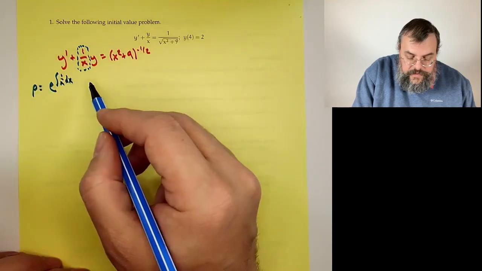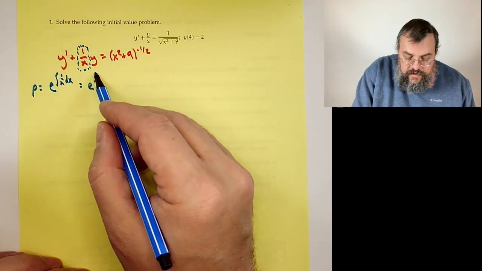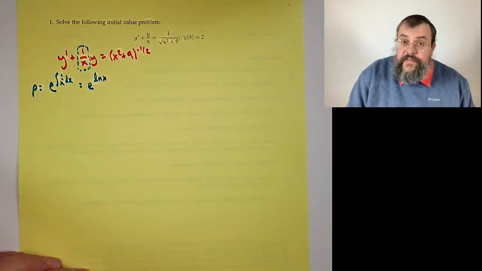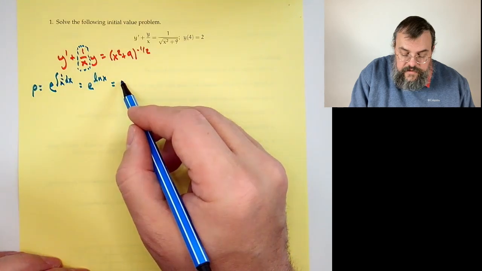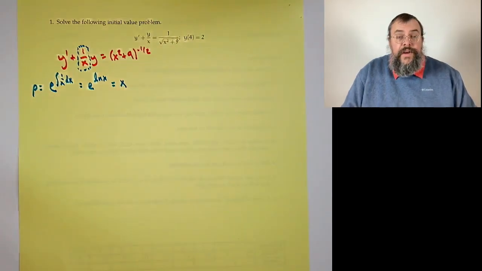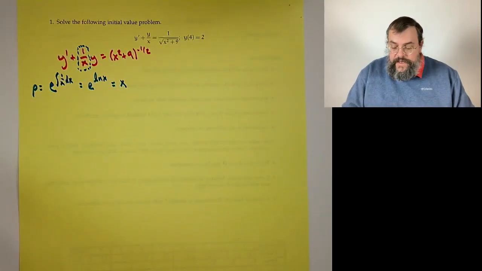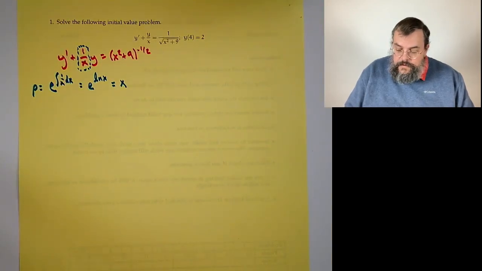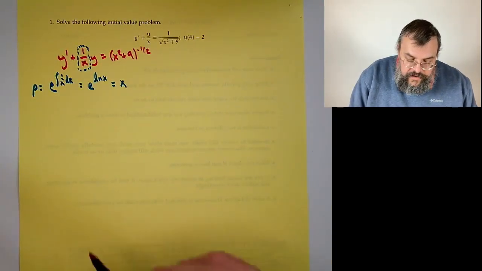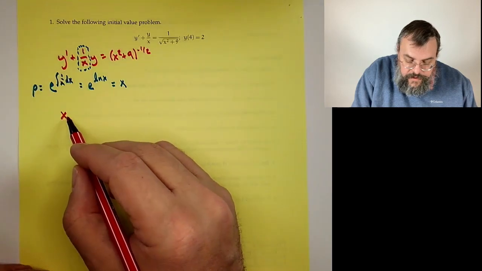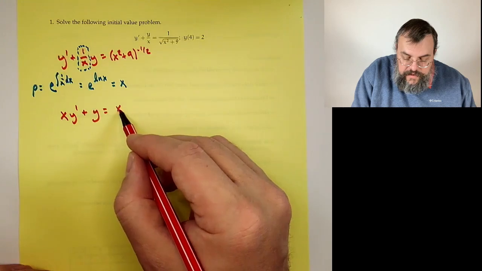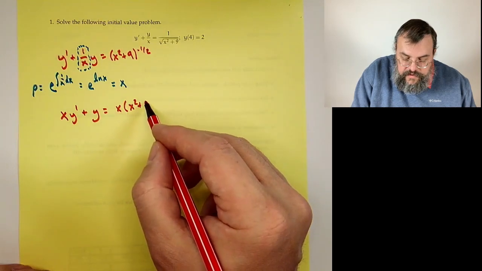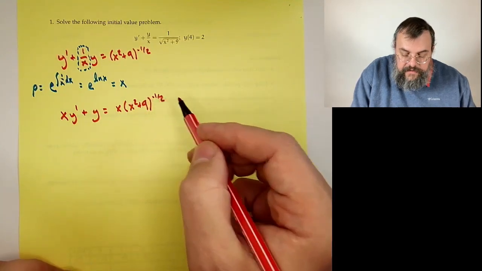I'll call that rho. Well, that's e to the natural log of x. Don't need to worry about the plus c that comes from that particular integral. And e to the natural log of x is x. All right, so multiply everything by x, and we'll be good to go. So we have our new equation, x y prime plus y is equal to x times x squared plus 9 to the minus 1/2.